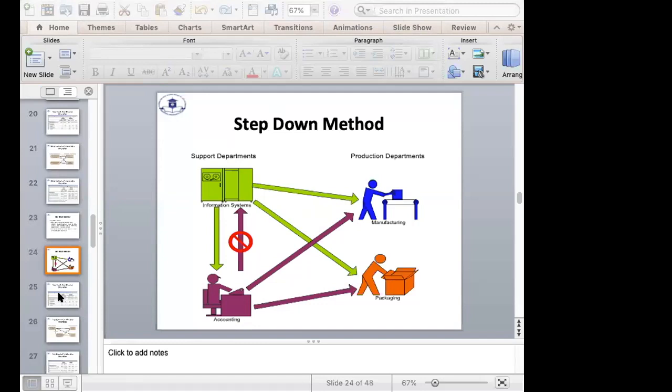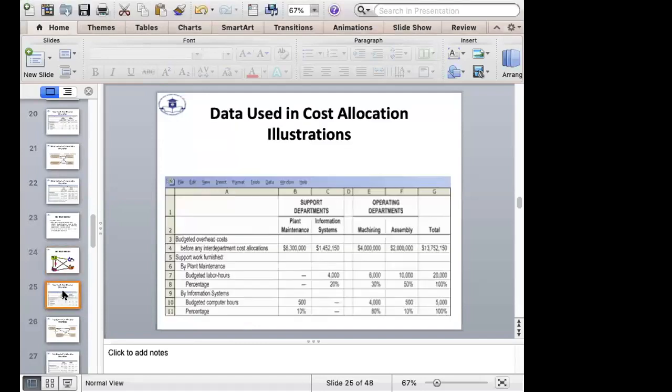Okay, so now we move on to the examples to allocate service department cost to operating department using the step down method, all right? Of course, the question is the same. Support departments, you have two, this and this. Machining, this and this. The allocation base is the same, but the method is different.